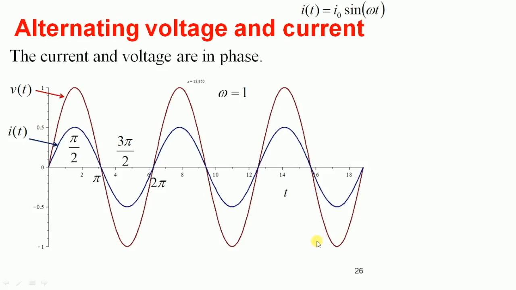And here you can see that both the signals are in phase. I mean, current in the circuit or current delivered by the source is in phase with the voltage.